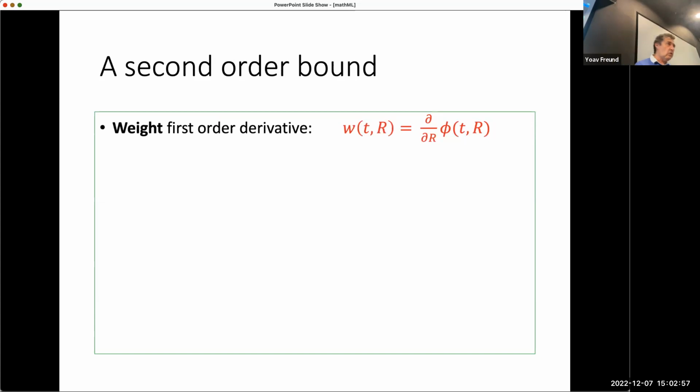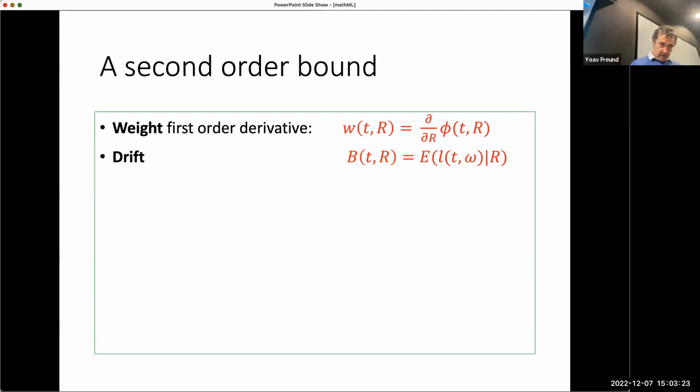Okay, so here is the second order bound that we get. The weight is the first order derivative of the potential. And the drift goes with the weights. The weights are the ones that guarantee that the first order term is zero.